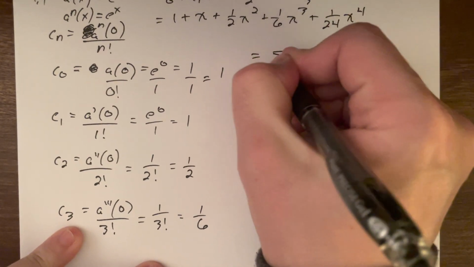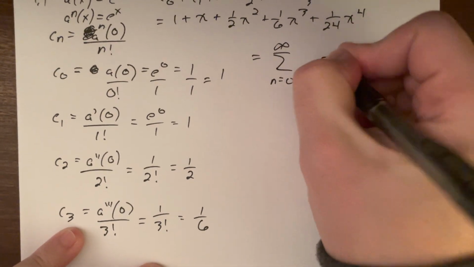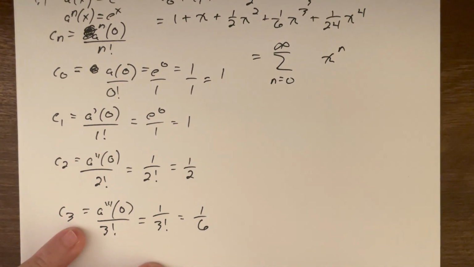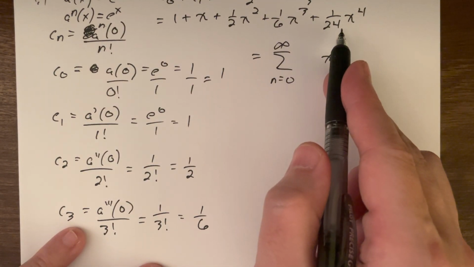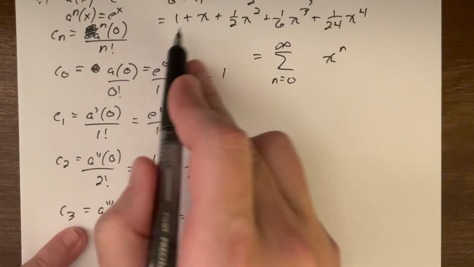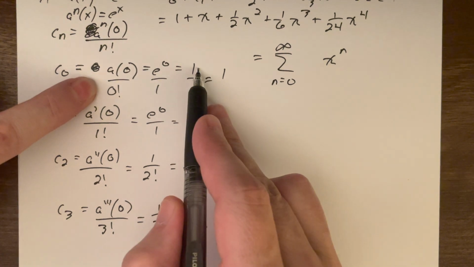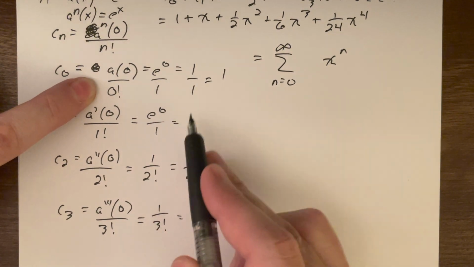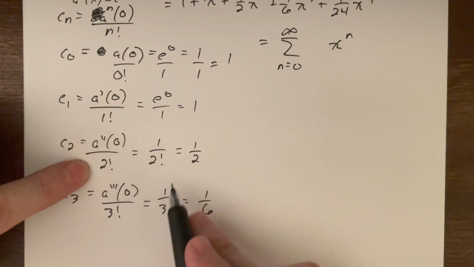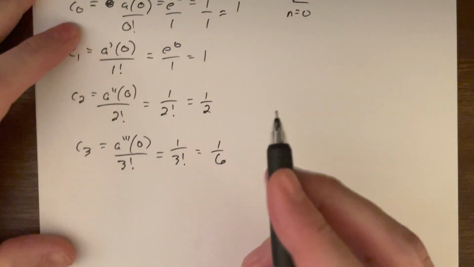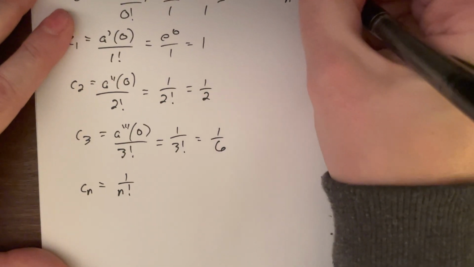We know the series is going to start at 0 to infinity. X minus a to the n is just going to be x to the n, so it's just these coefficients out in front. If we clean all these up, maybe you don't see a pattern. But if I don't clean them up, 1 over 0 factorial, 1 over 1 factorial, 1 over 2 factorial, 1 over 3 factorial. Generically, C sub n is just 1 over n factorial.